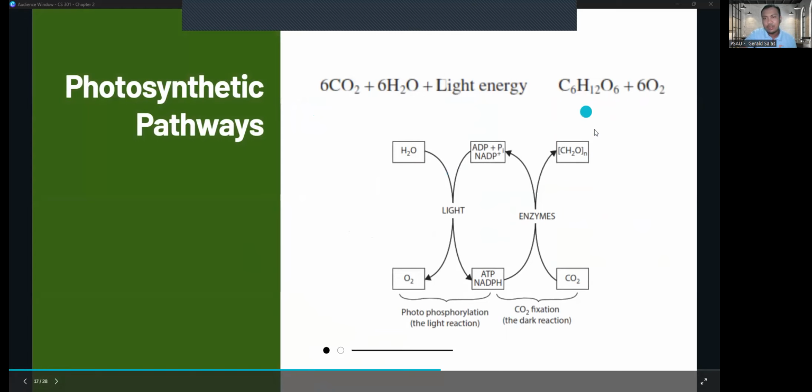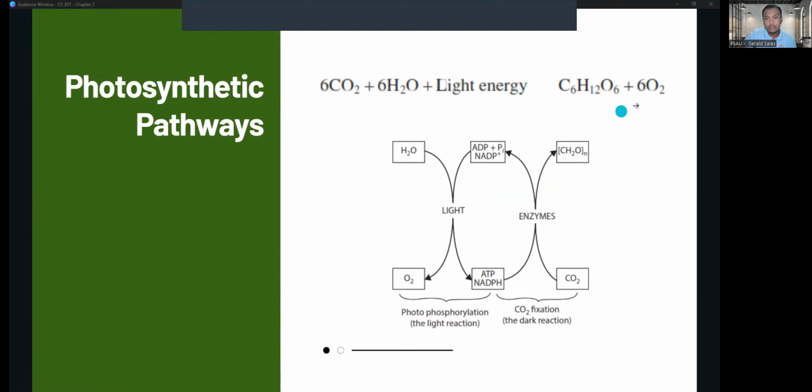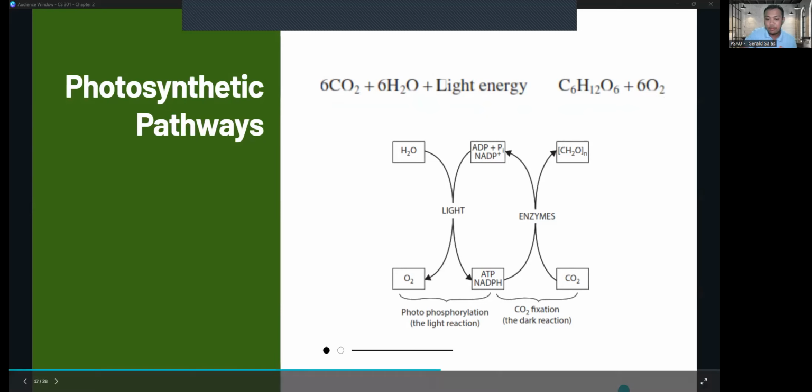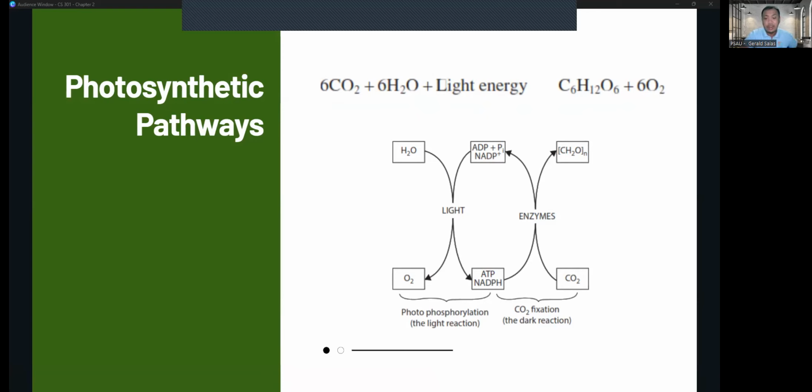This is the usual formula. Photosynthesis functions during the light and dark reactions. We have the light dependent reactions, those plants that depend on light. But photosynthesis is often referred to as carbon fixation.